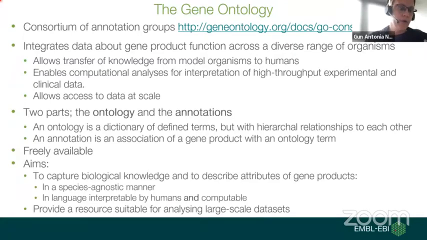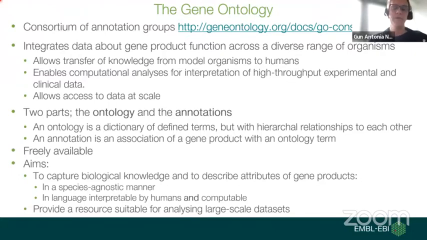And the Gene Ontology is freely available. There are different companies that will offer certain services, perhaps, but the underlying data is free of charge. More specifically, the aim of the GO project is to capture biological knowledge and describe different attributes of gene products in a species agnostic manner.